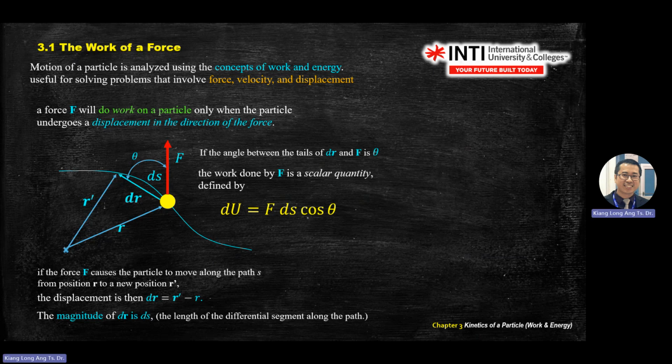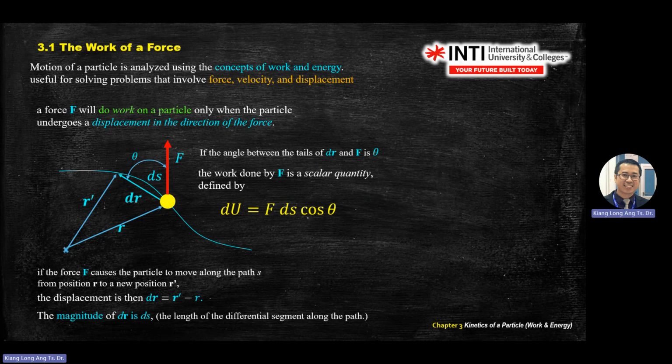Work done by the force will be F ds cos theta. So this is a triangle. Either you take the ds parallel to the force, or you take the force parallel to the distance. It's the same thing. You still get force cos theta multiplied by the ds, you get work. So the main idea here is you put the force and the distance traveled parallel, then you get work. So this is just a general derivation.